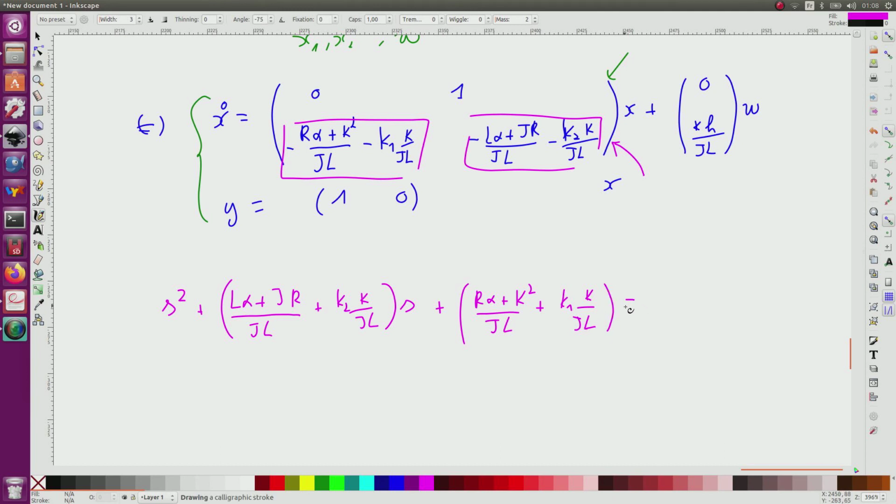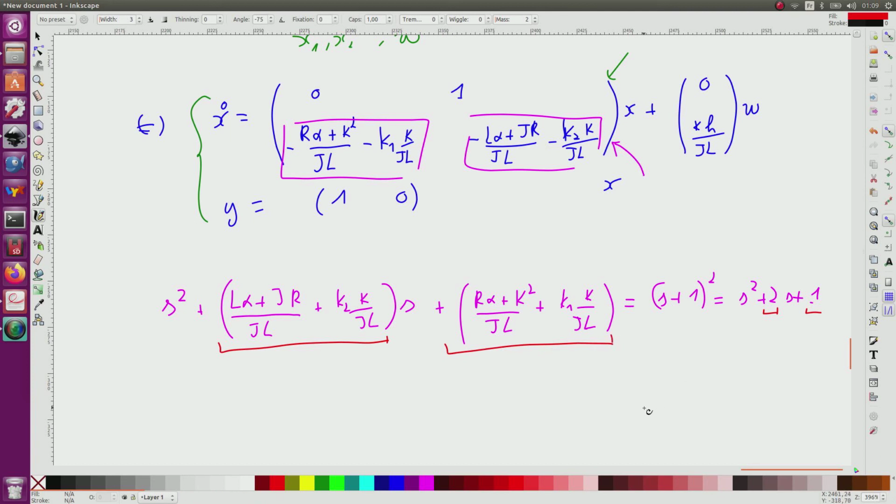And this should be equal to (s plus 1) square, because I want to have all roots equal to -1. That's why I take this polynomial, and it is equal to s² plus 2s plus 1. As a consequence, since this polynomial is equal to that polynomial, the 2 is equal to this coefficient, and the 1 corresponds to this coefficient.